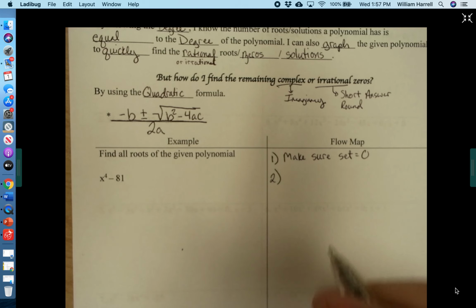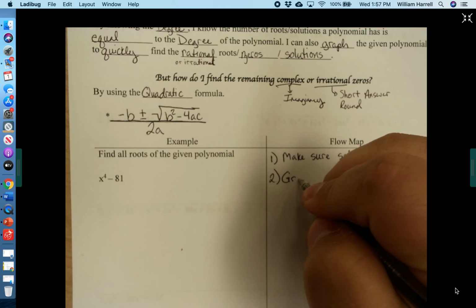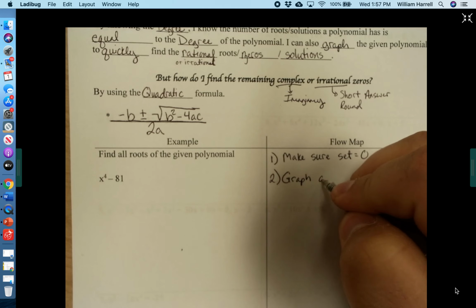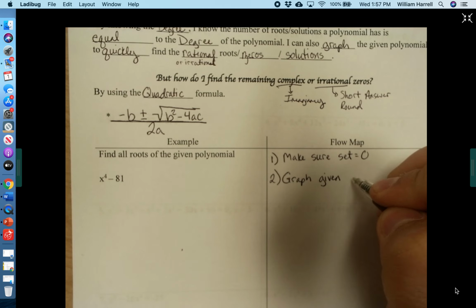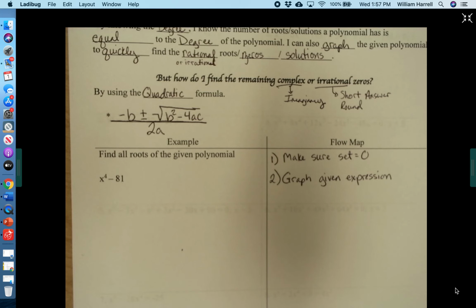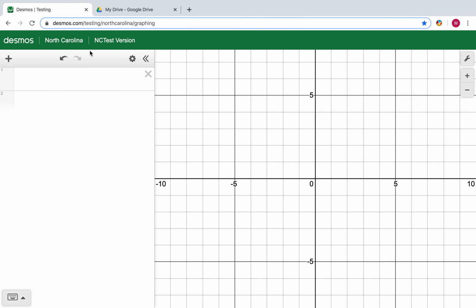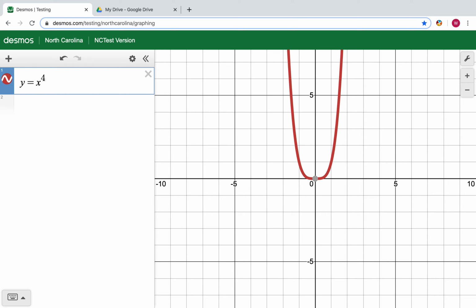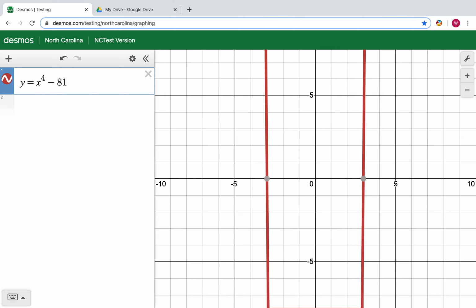Step 2, I'm going to graph the given expression. When I graph it, I have y equals x to the 4th minus 81.